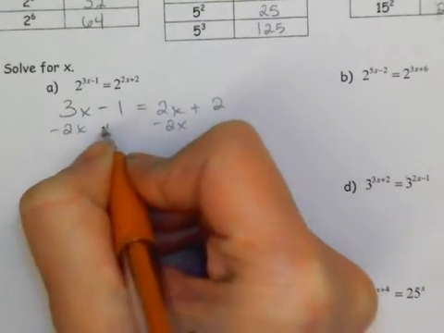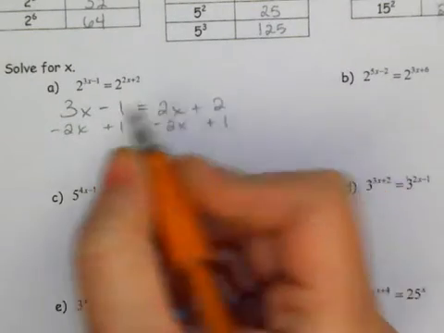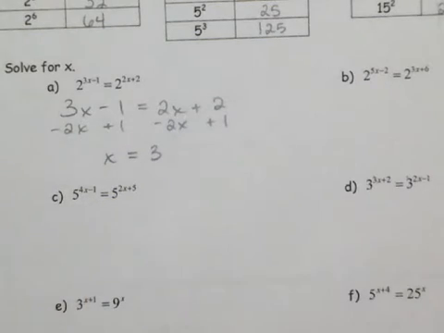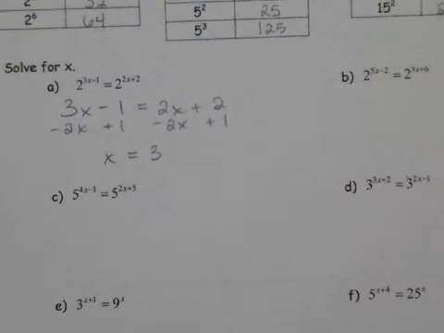If we jump down to part E, do we have the same base now? No, we do not. But how can we rewrite the number 9? 3 squared.